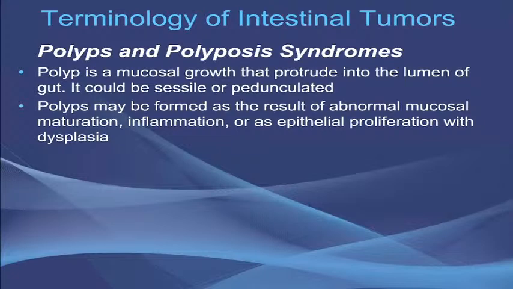It arises from the mucosa, as a result of abnormal mucosal maturation, as a result of inflammation, as we saw when we had a lecture on inflammatory bowel disease, or as an epithelial proliferation with dysplasia, so as part of a neoplastic process.